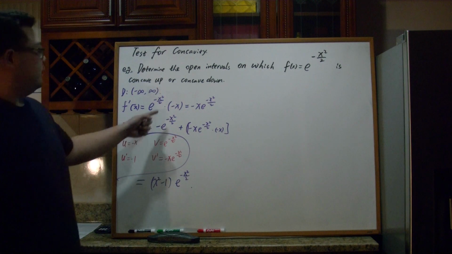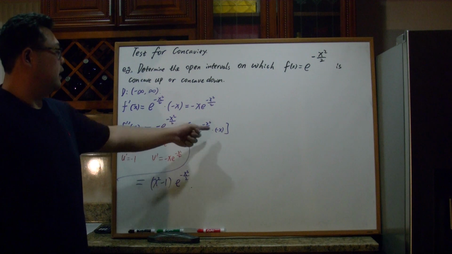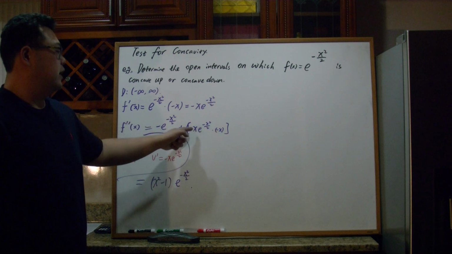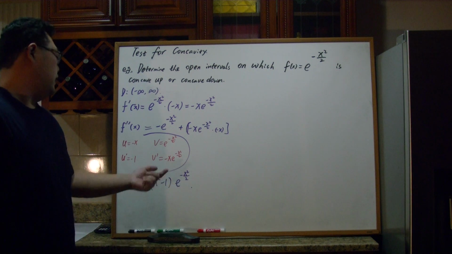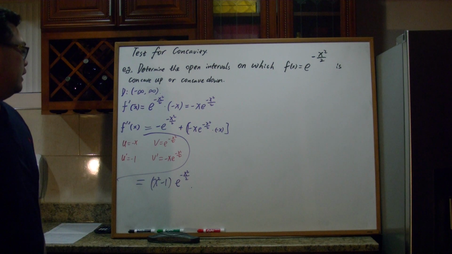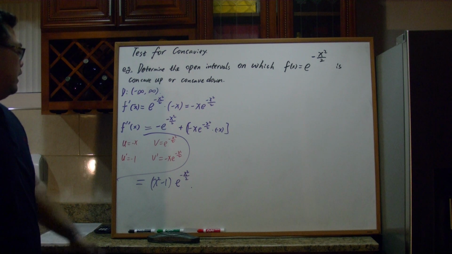So we get negative e to the negative x squared over 2 plus x squared times e to the negative x squared over 2. We can factor this term out, and what is left over is x squared minus 1.